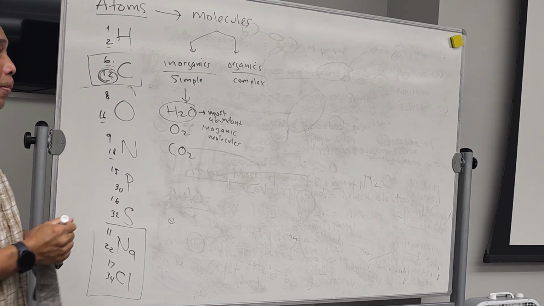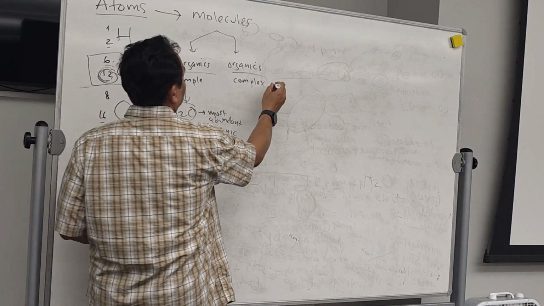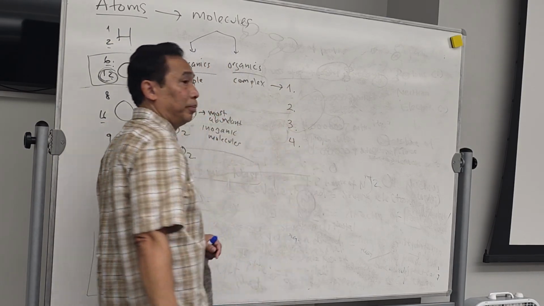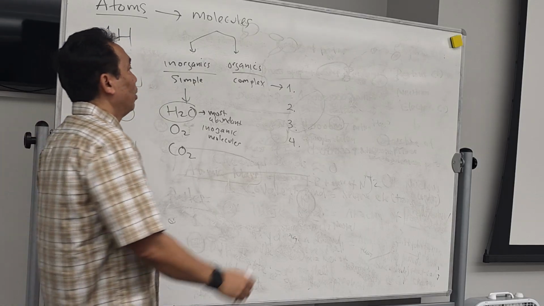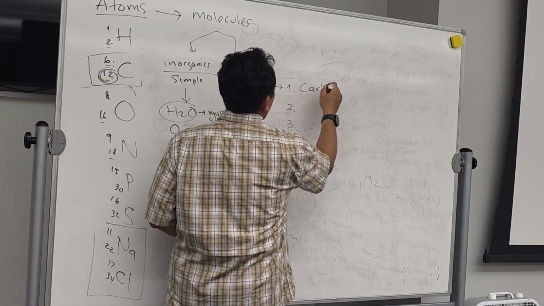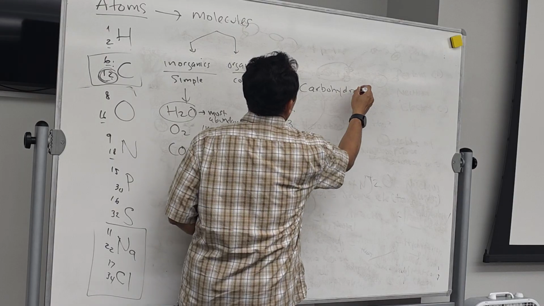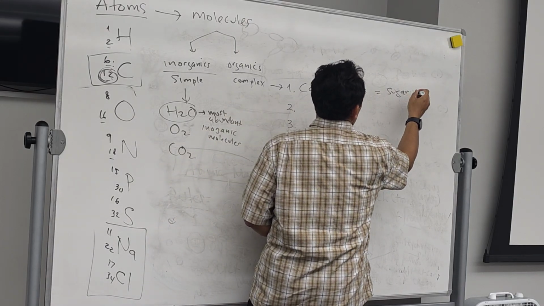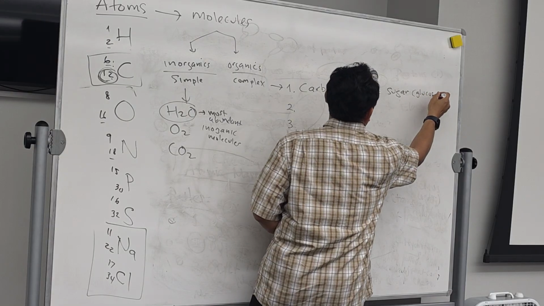Okay, now complex molecules, we have four types. We have a lot of carbohydrates, for example. An example of carbohydrates is sugars, like glucose. Okay.